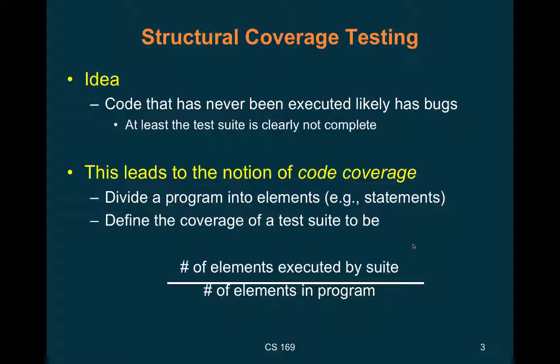Because if your test suite has not touched a part of your code, then there might be bugs in there that your tests have no chance of uncovering. So you don't know that there are bugs or not, but at least you know that your tests are probably not complete enough. The question is, how do you define this notion of part of code that you haven't reached?